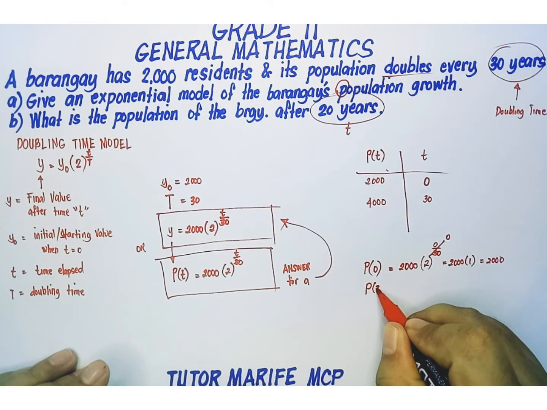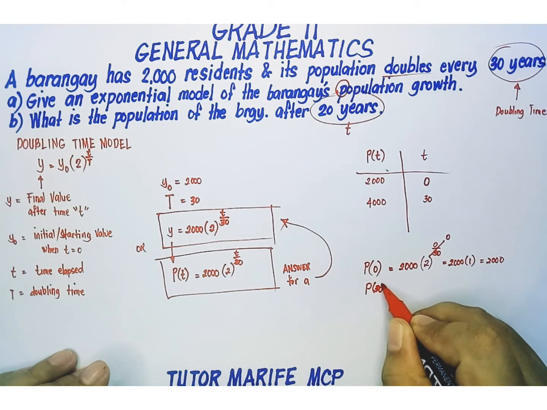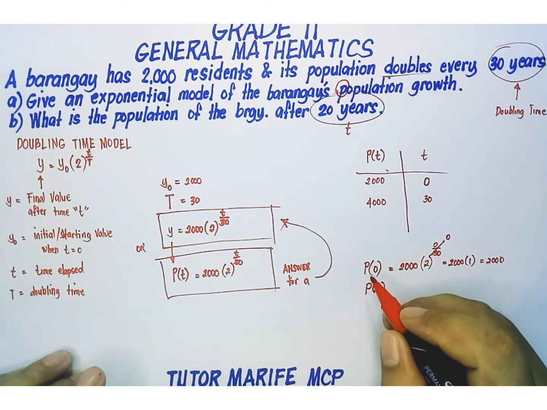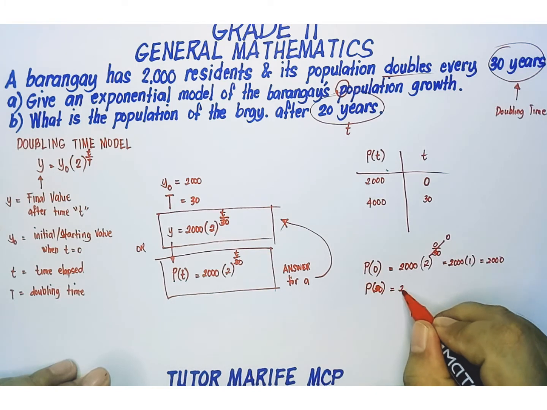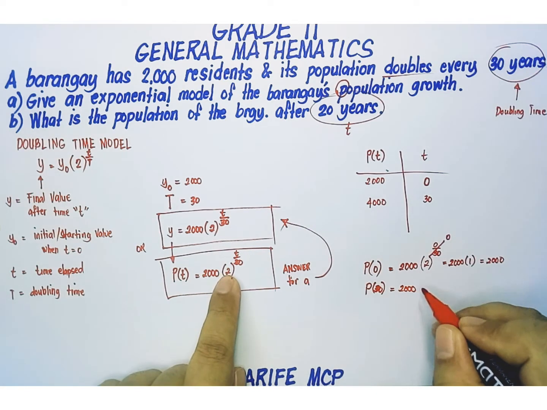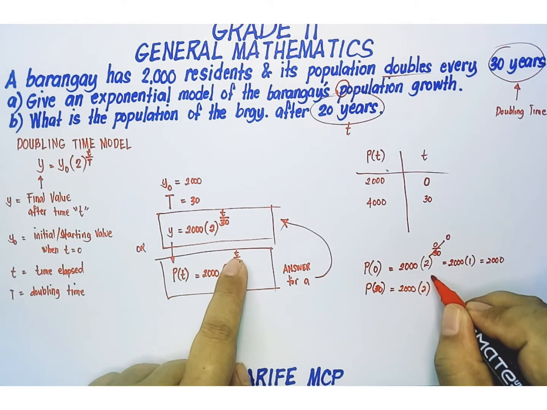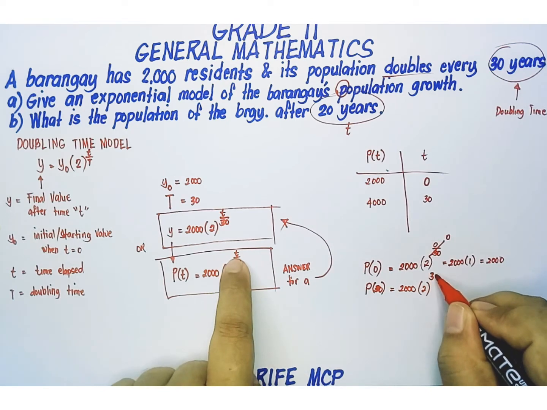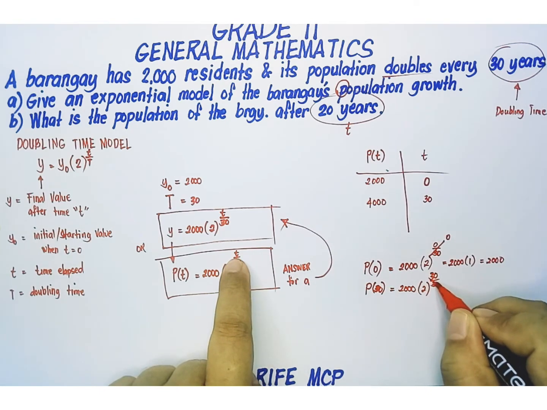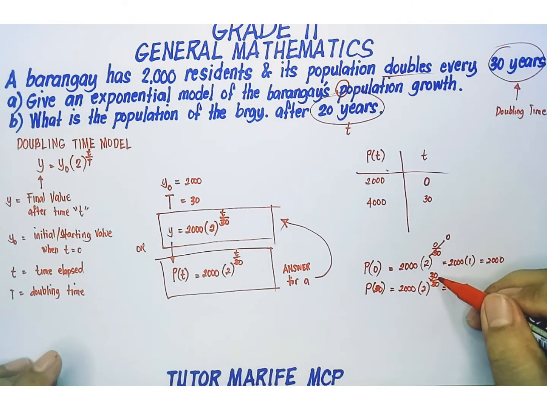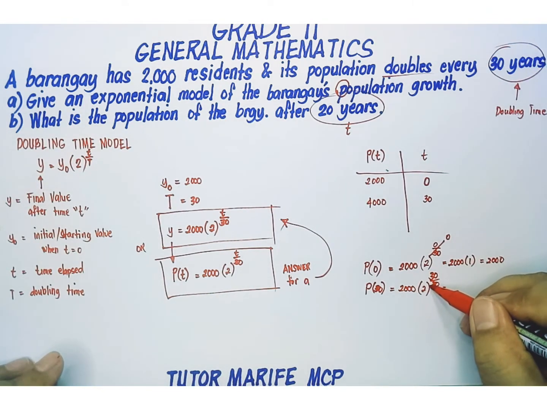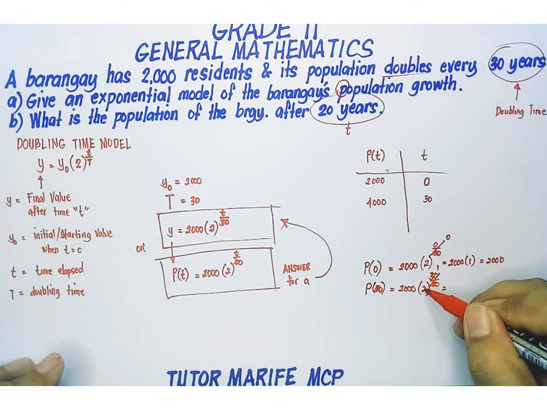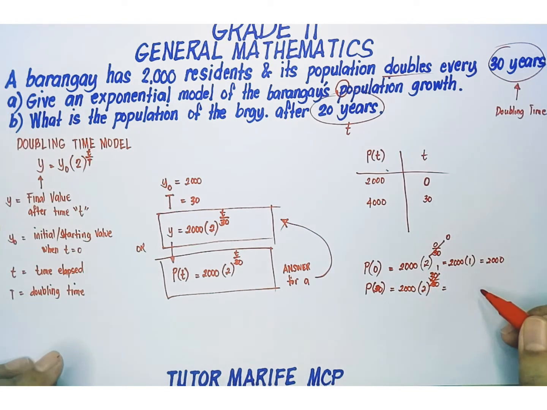That's when p of 30, or when time is 30, what's the final population? 2,000 base 2, tapos your t is 30 over 30 equals 30 divided by 30, that's 1. And 2 raised to 1 is 2. Multiplied by 2,000, 2,000 times 2, it's 4,000.